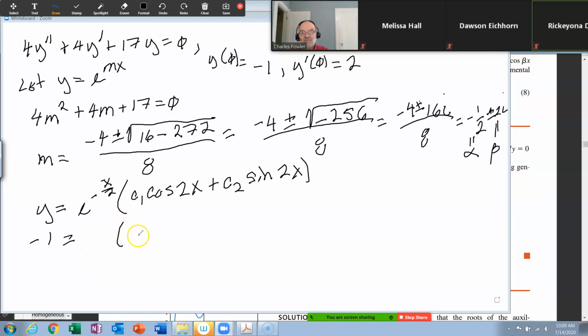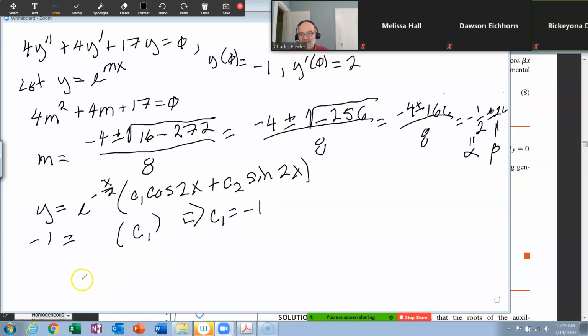And then we have cosine of 0 is also 1. So that's C1. Sine of 0 is 0. So we have minus 1 is equal to C1, which implies that C1 is equal to minus 1. That's exactly what it says.